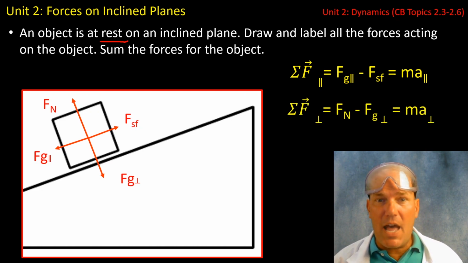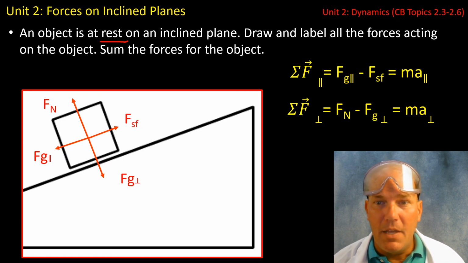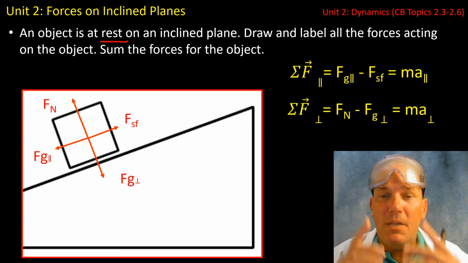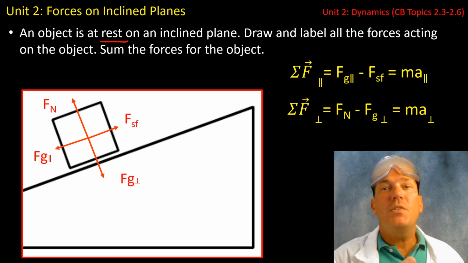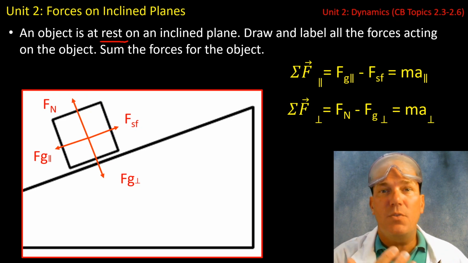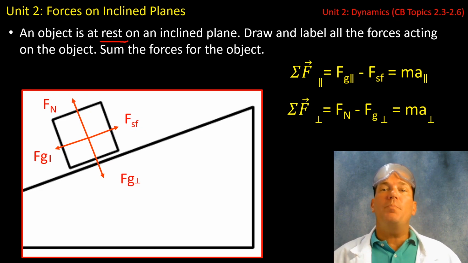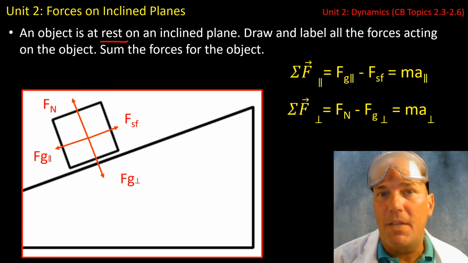Now, is the object accelerating in the parallel direction? Of course not. Which means the right side of this equation becomes 0, which means we can say force normal is equal in magnitude but opposite in direction to the perpendicular force of gravity.